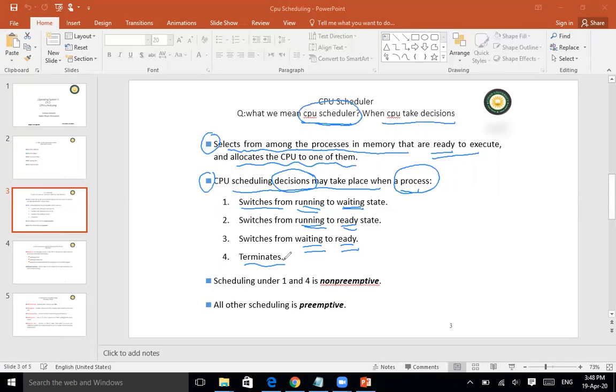If the process is in one of those states, the CPU will take a decision.